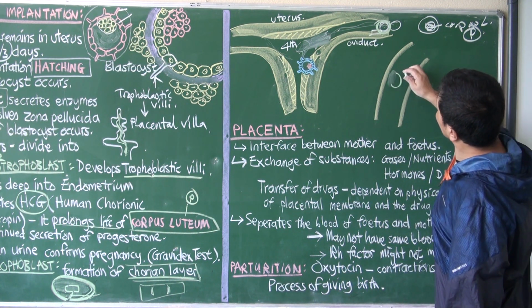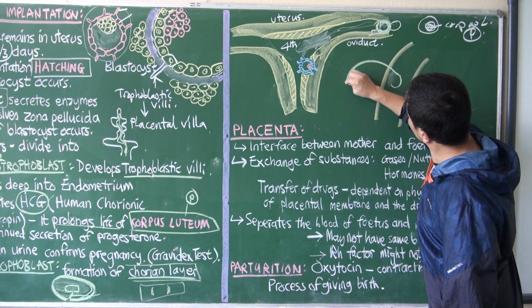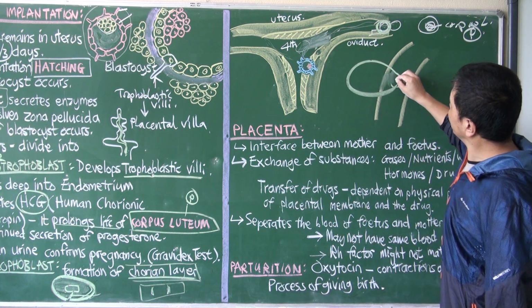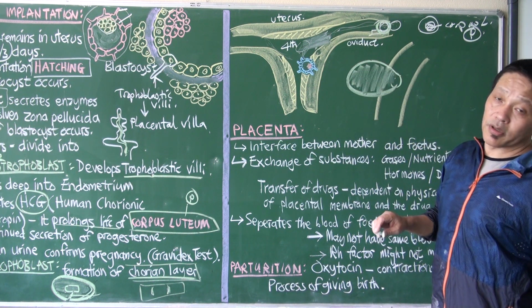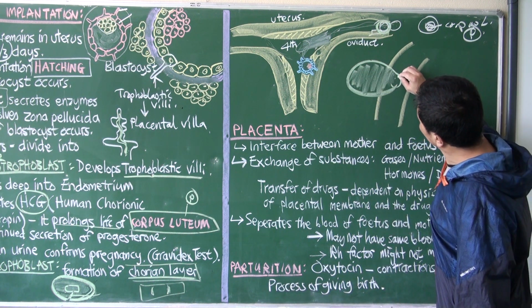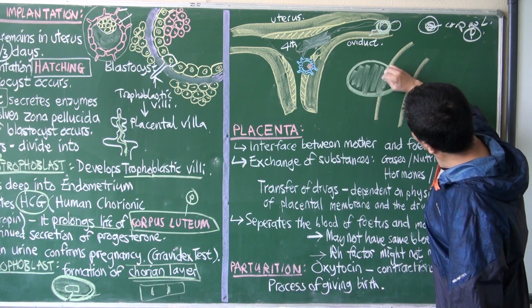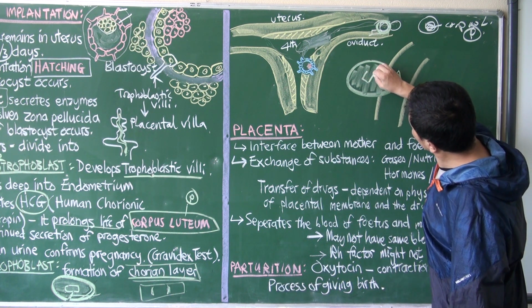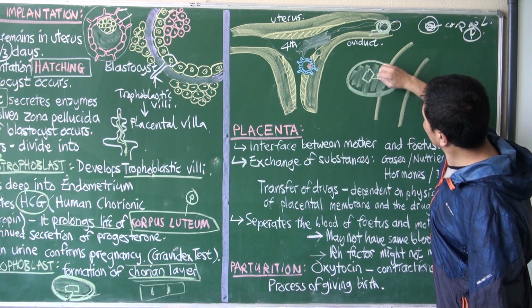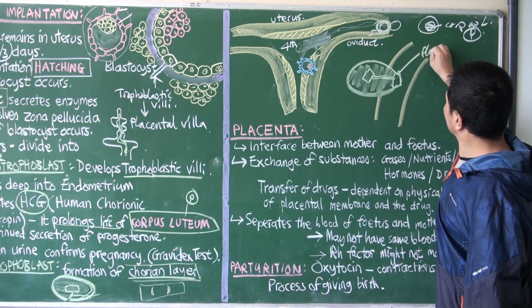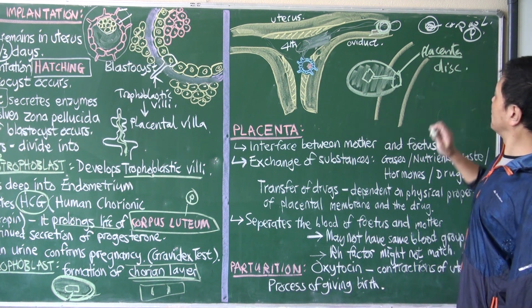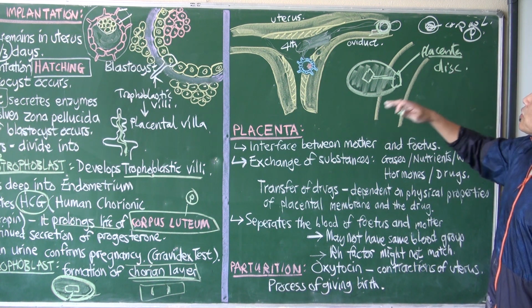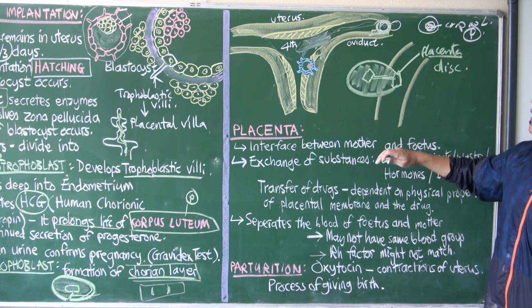And then the chorion part develops, and this is filled with a fluid, amniotic fluid, and then the baby develops. This is the baby. This part is called placenta, a disc-like structure which has a very important role to play, which we shall discuss in a while.